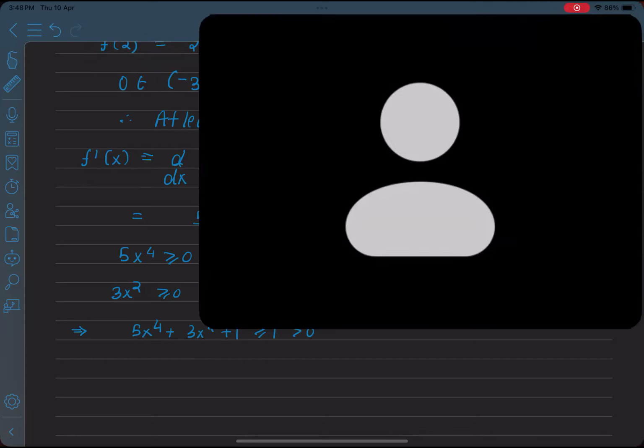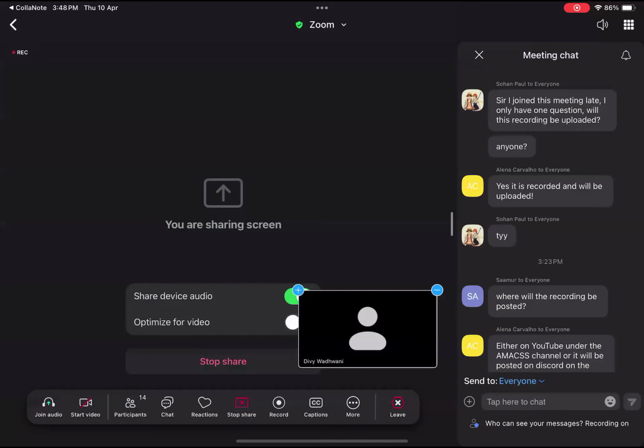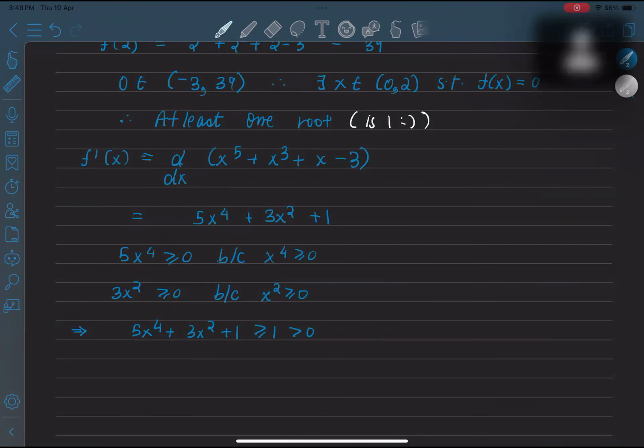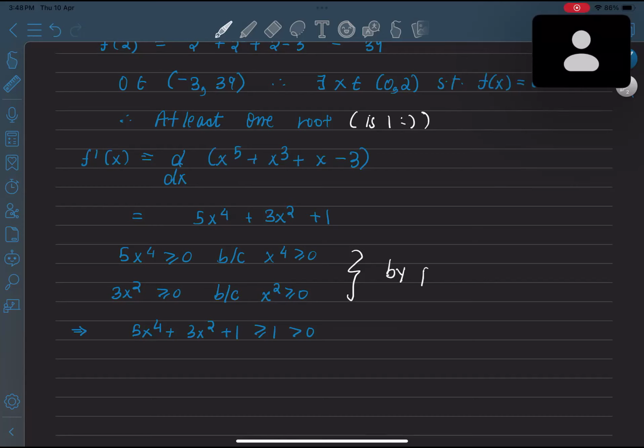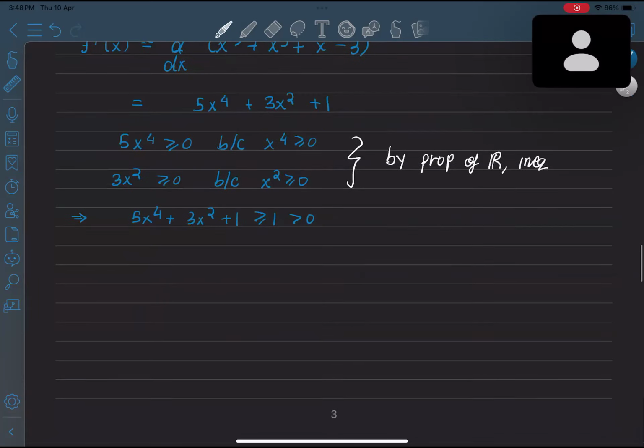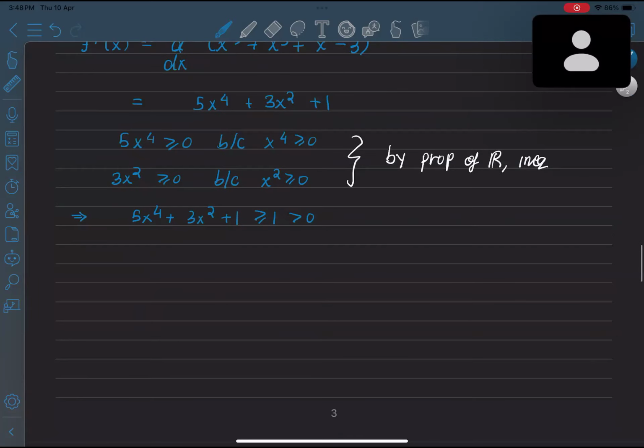This is by the property of R and inequalities. And so, because this is always positive, this implies that f is strictly increasing.